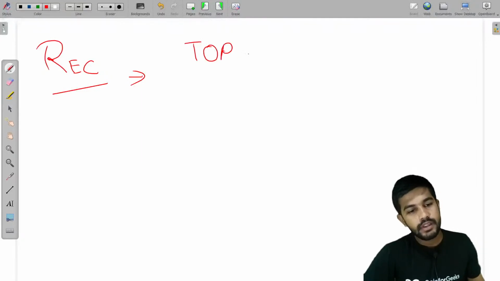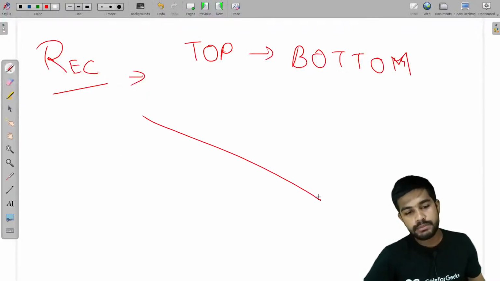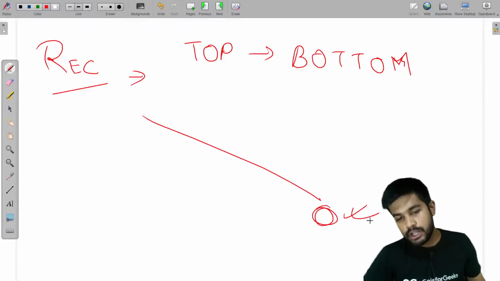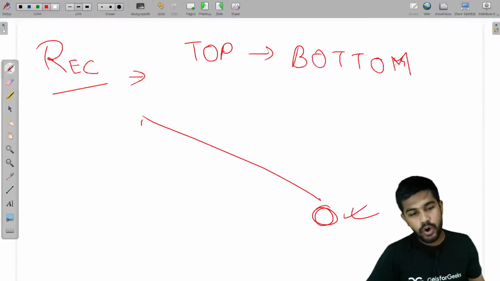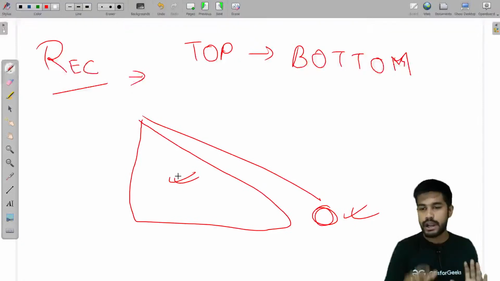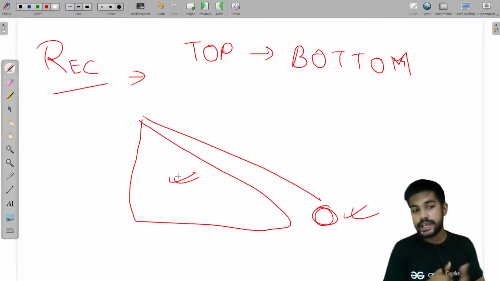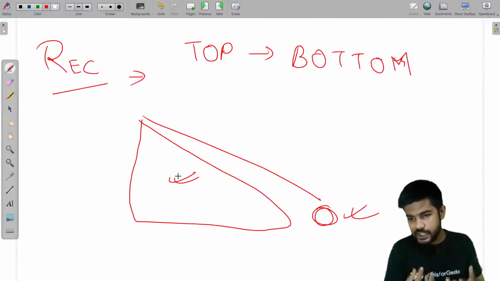The smallest value would be called the base case, and all these things would be handled by recursion. Am I clear with this or not? Please make a note of this: in recursion, we mainly go from top to bottom, and the bottommost case is easy to solve.